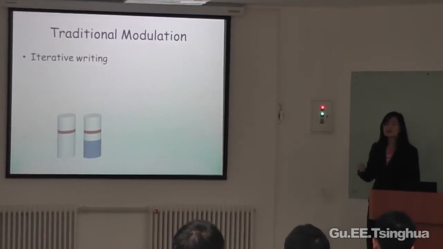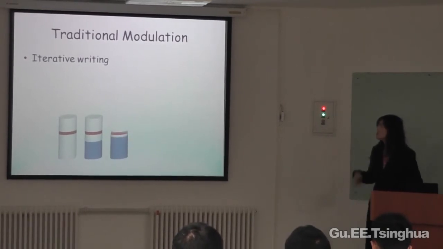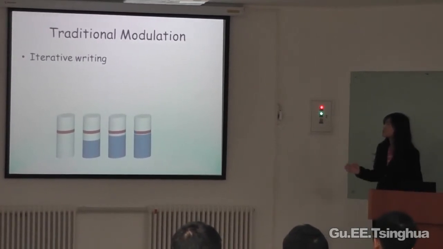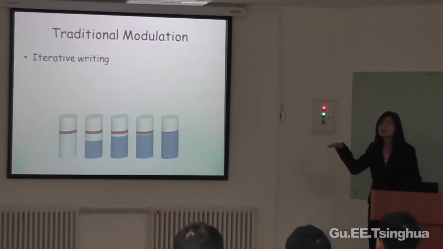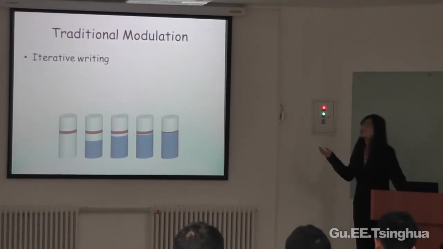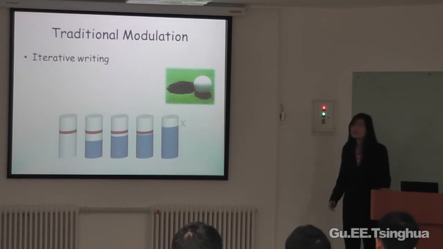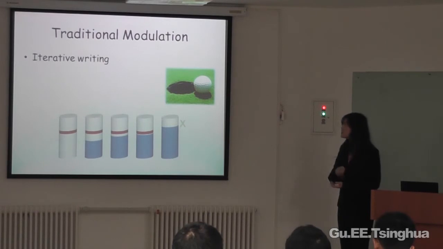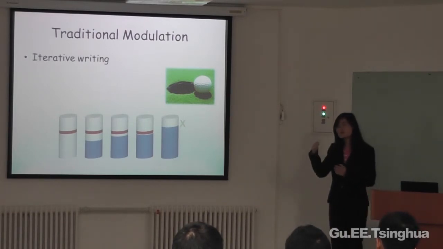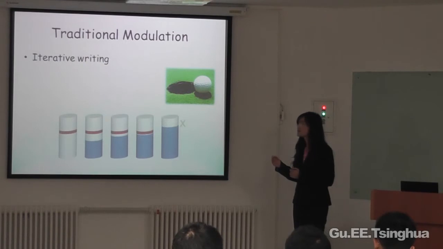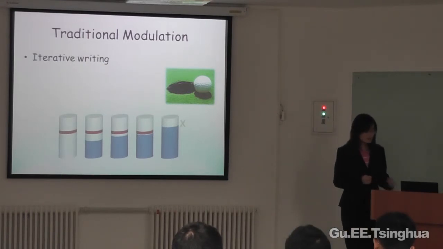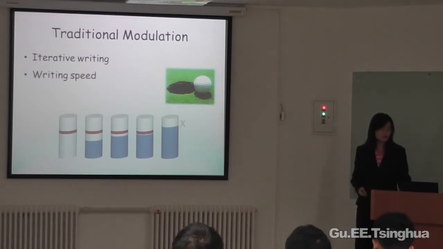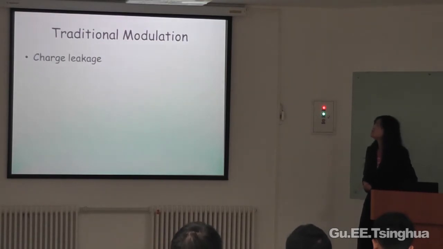First they put some electrons in the cell, then they put some more, and some more, very carefully, until they reach the target. If you're not careful enough and you put too much, then you have to decrease, and as I said, decreasing is very expensive and we want to avoid it. That's why you want to write very carefully in a lot of steps. Typically, for writing, people will take 7 or 8 iterations, so this will largely affect the writing speed of flash.